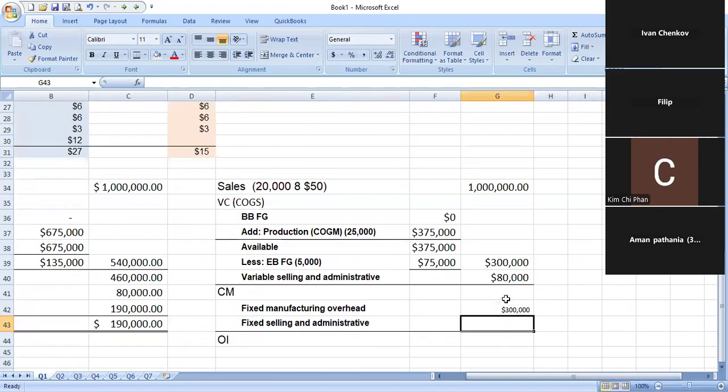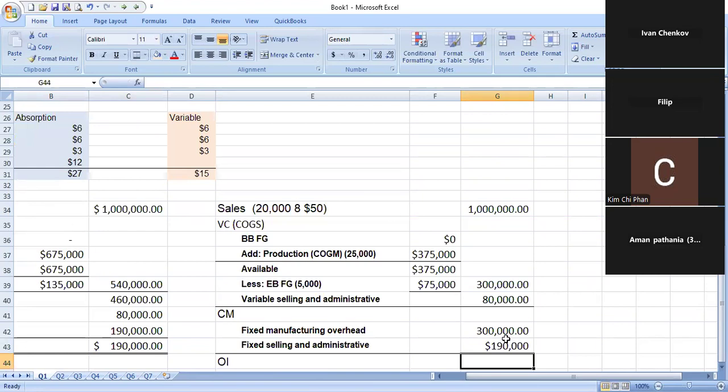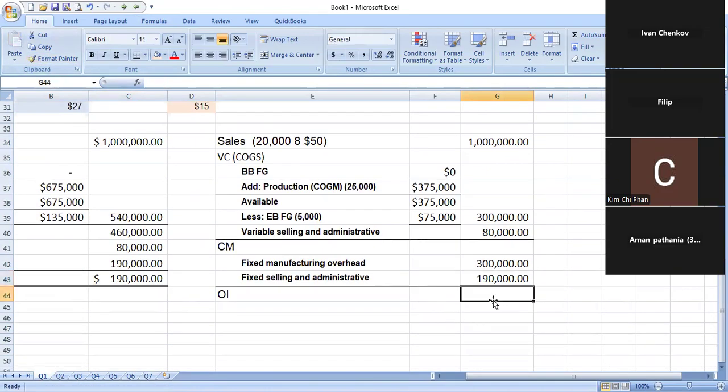And once we get the $300,000 here, let me change something about these numbers because I don't like them. Formatting them a little bit. This one will be like this, and this one will be like this. And the next number I have is exactly the same, 190,000 from here. So my operating income here will be, oh, we didn't calculate the contribution margin here. We missed that calculation.